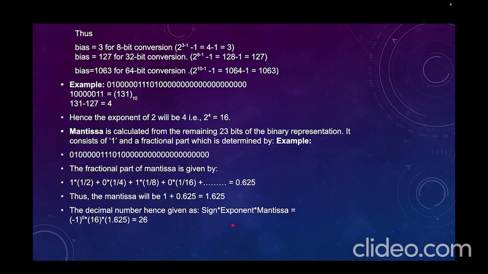So the number would be as follows: 1.625 into 2 raised to 4, where the sign part 1 indicates the negative number. Then 1.625 is the mantissa, and the last is 2 raised to 4. The base would be 2 for binary numbers, and for decimal numbers the base would be 10.